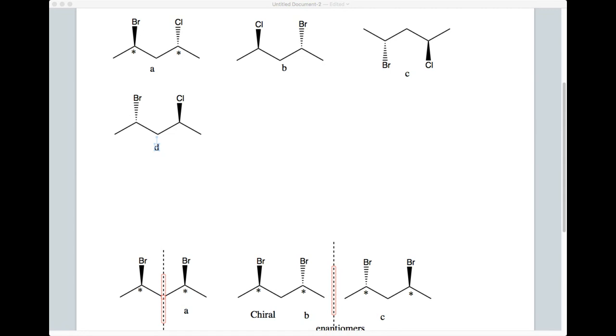You can rotate it however you want to compare them. It's pretty divided so far, almost 50-50, okay? Most people answered diastereomers, okay?